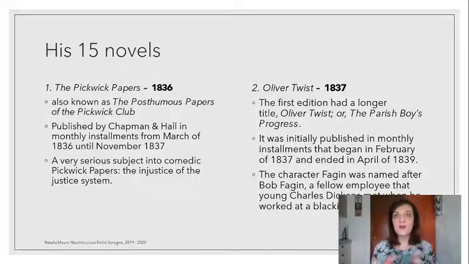And what does this novel deal with? It deals with, as we know, the injustice of the justice system. It can sound like a pun, un gioco di parole, l'ingiustizia del sistema giudiziario.